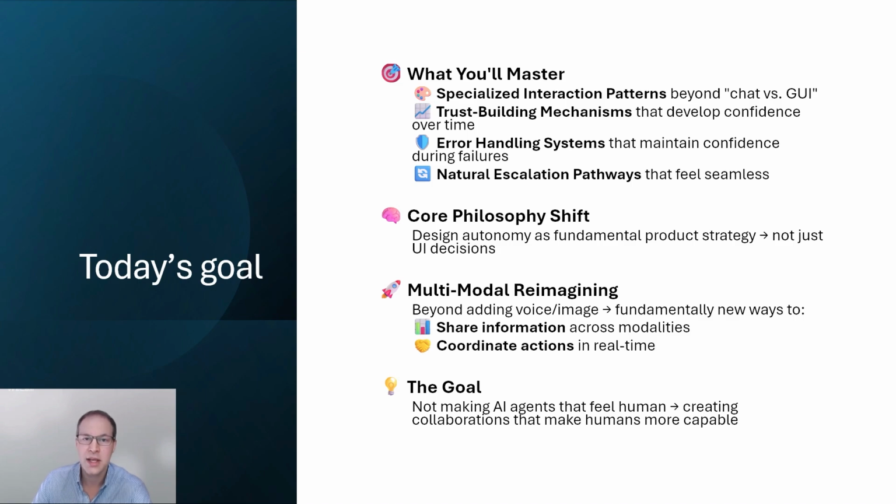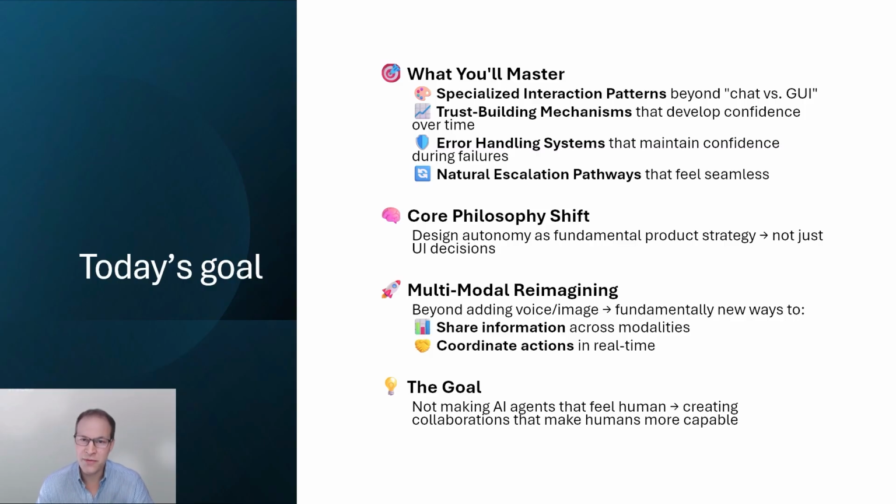More importantly, you learn to think about design autonomy as a fundamental philosophy that shapes every aspect of your user experience. We'll look at how multimodal capabilities are not just adding voice or image input, but also how you really have to rethink how humans and agents share information and coordinate actions. You will develop the ability to design de-escalation pathways that feel natural instead of disruptive, because they're actually part of your workflow.